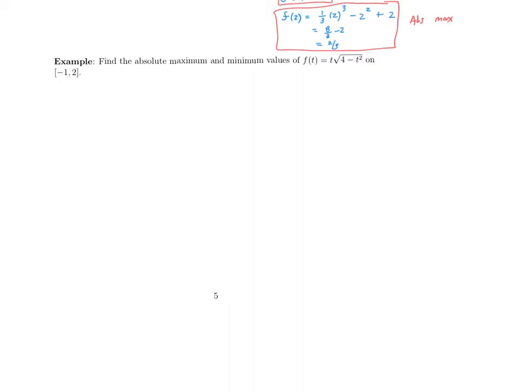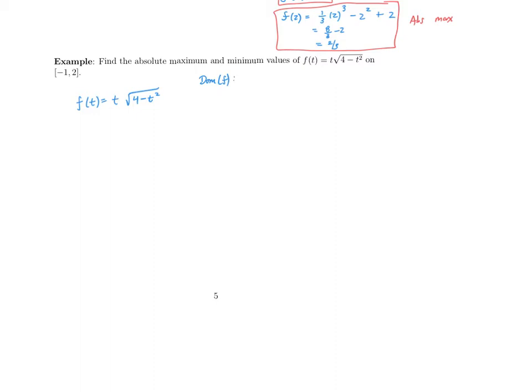And hopefully at this point you've paused the video and you've done a bit of work. And let's go ahead and walk ourselves through the details. So f of t is a function t times the square root of 4 minus t squared. And remember, when it comes to determining critical points, they are values that are in the domain of the function.